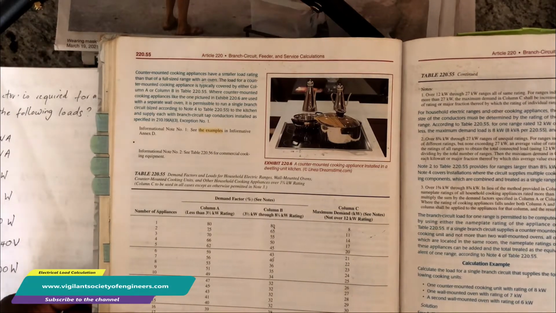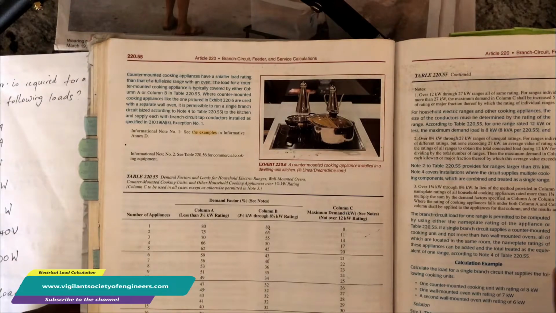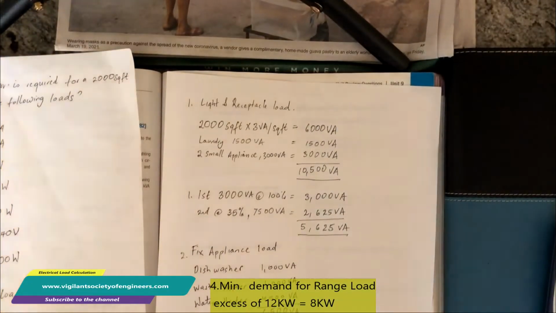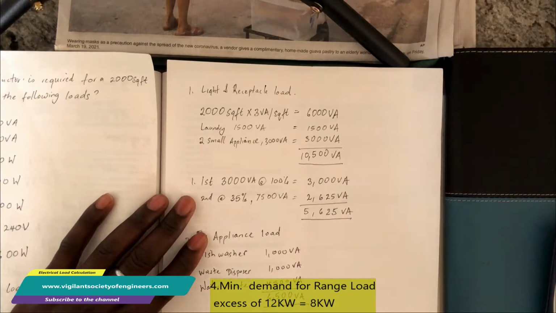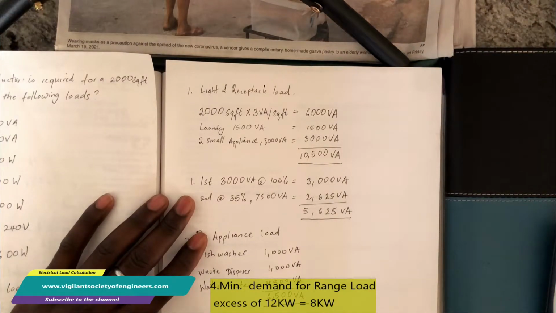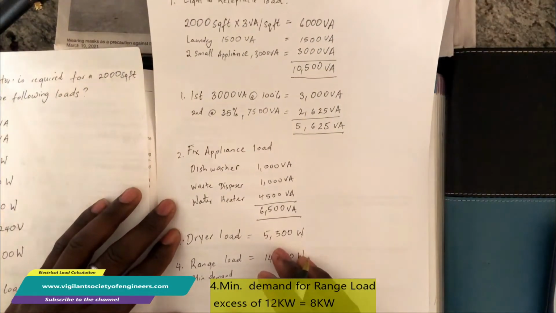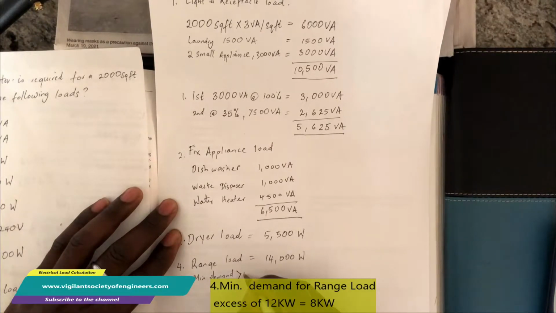The minimum demand for 12 kilowatt is 8.